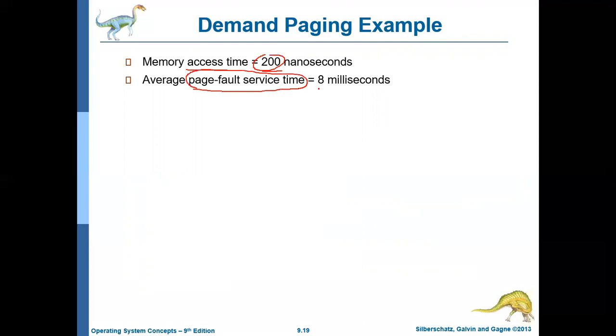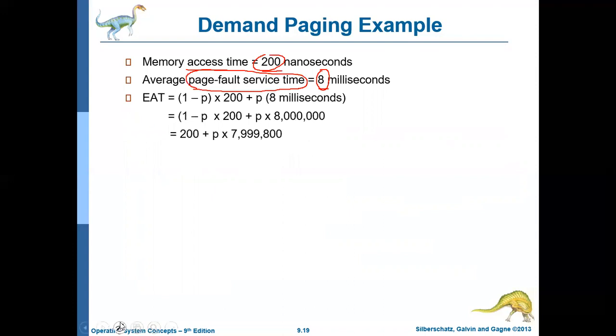It means if there is a page fault, then the trap will be created and the page will be moved from the hard disk to main memory. All these things we have discussed. To perform all those 12 steps, let us assume it takes 8 milliseconds. That is, if there is a page fault, then to access the memory, the CPU needs 8 milliseconds.